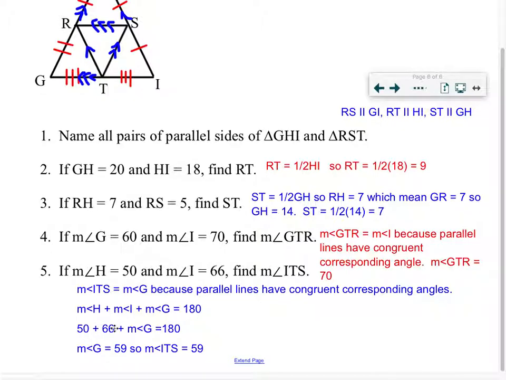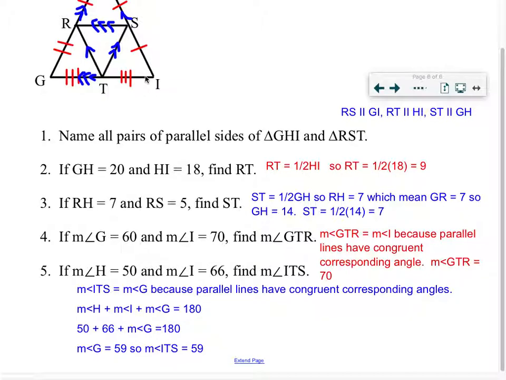I substituted my measurements for angle H and I, which I had here, to get that angle G is 59. Now that I know this is 59, I know angle ITS must also be 59 because it is corresponding, because these lines are parallel and angle G and angle ITS are corresponding.